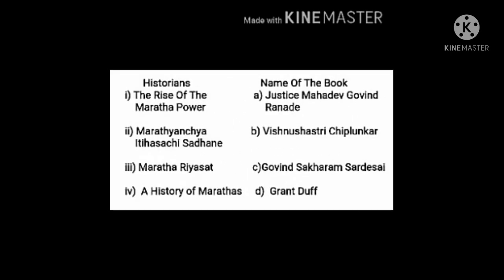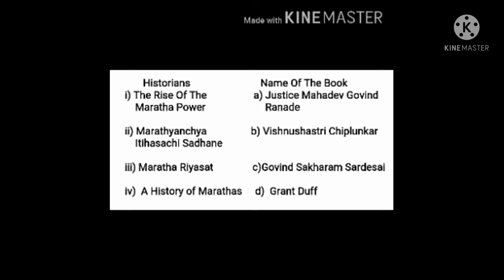Now let's read the second one. On the left side the names of the books are given and on the right side the historian's names. The first one is The Rise of the Maratha Power, the historian is Justice Mahadev Govind Ranade. Second one, Marathyanchya Itihasachi Sadhane, written by Vishnu Shastri Chiplunkar. Third one, Maratha Riyasat, written by Govind Sakharam Sardesai.